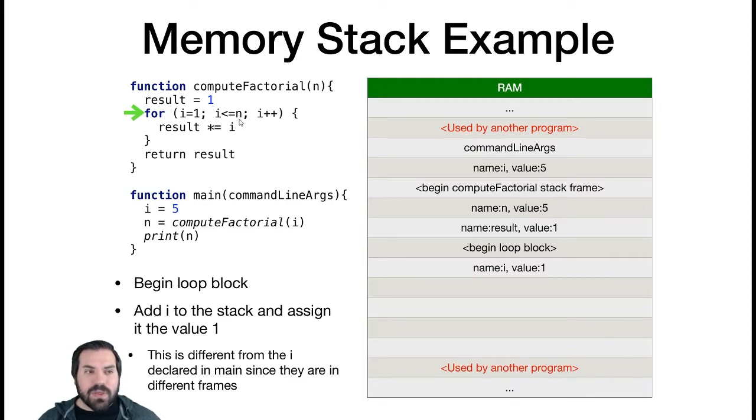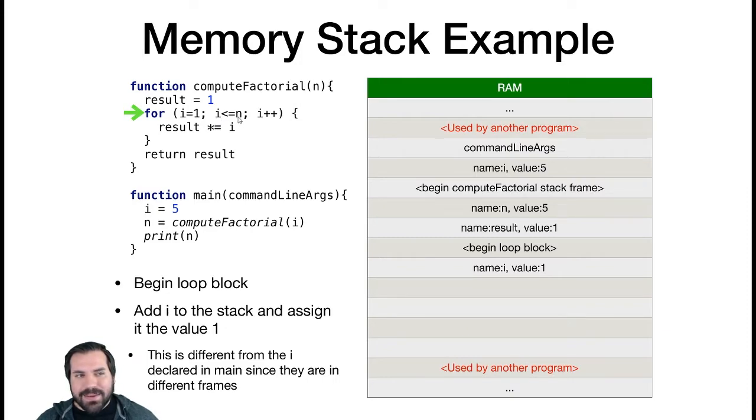We have to resolve both of these expressions to values so we can execute this comparison. We're going to start looking inside the current scope that we're in. We're inside this loop block right now. We're going to look for a variable named i. We find it right here. It's storing value 1. So this resolves to a value 1.